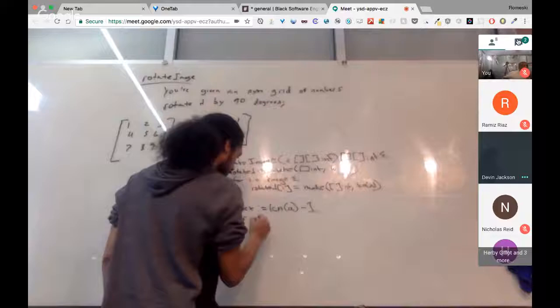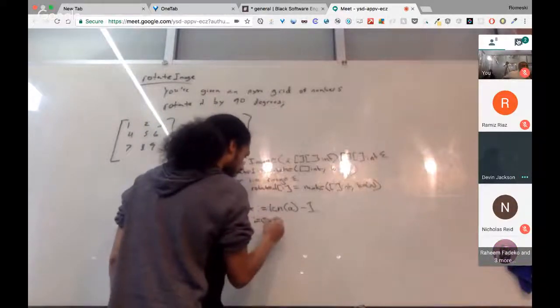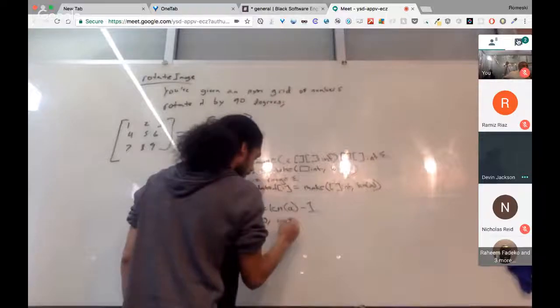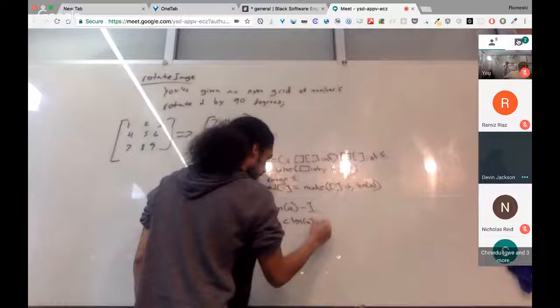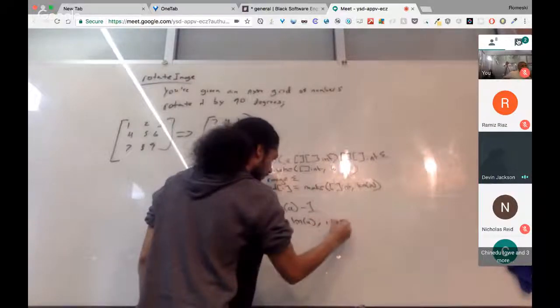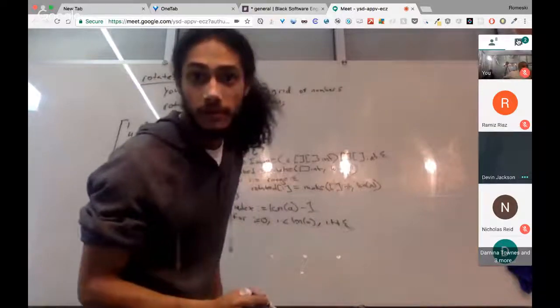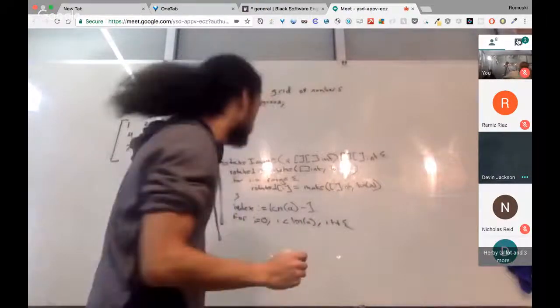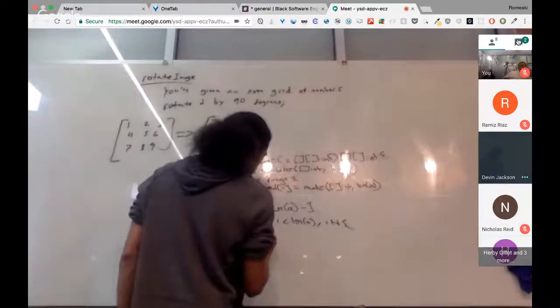For i equals 0, i less than a, i plus plus. This is also quadratic, because I'm going to be doing a nested for loop.